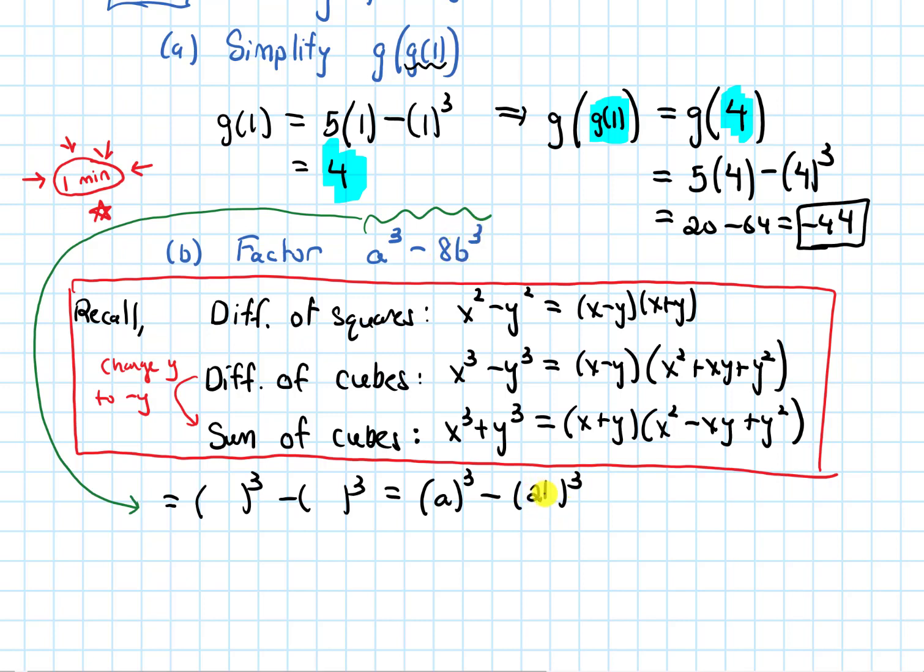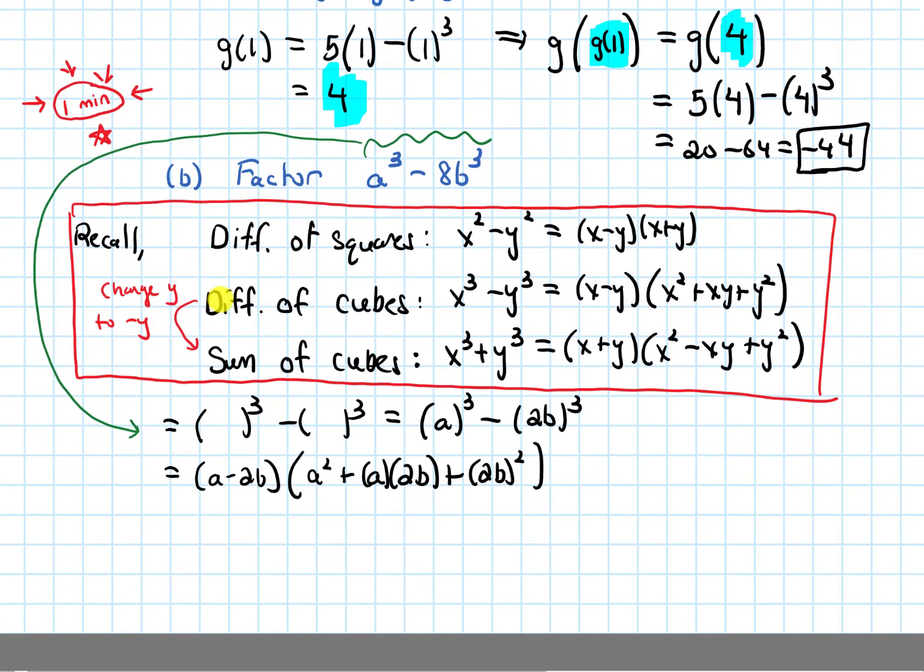It would be 2b. So this is a difference of cubes, and if I use my difference of cubes formula, the x is going to get replaced with a, and the y is going to get replaced with 2b. So that'll give me x minus y, which is now going to be a minus 2b, and then times x squared, that'll be a squared, plus xy will be a times 2b, and then plus y squared, which will now be plus 2b quantity squared.